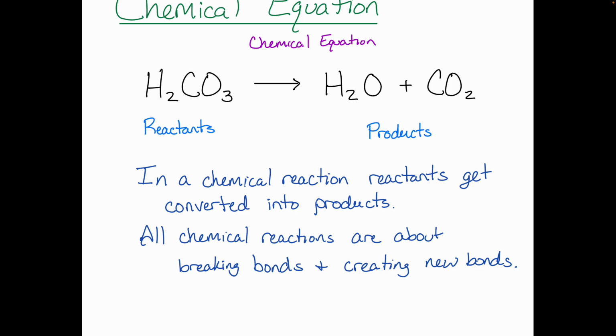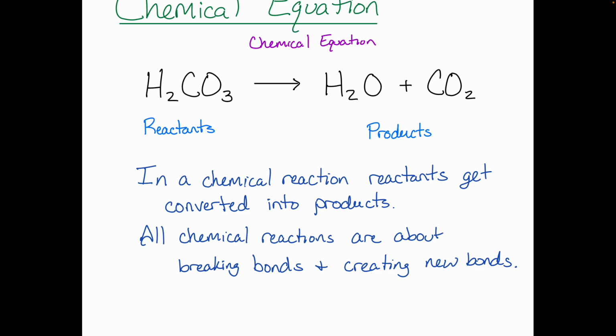Right, so on my reactant side, the carbon, the 3 oxygens and the 2 hydrogens, they're all bound together in one molecule. And then we take this thing and we rearrange who's bonded to who. And now we have 2 new molecules, carbon dioxide and water. Okay? And that's all a chemical reaction does. You're breaking and making new bonds. That's what a chemical reaction is.